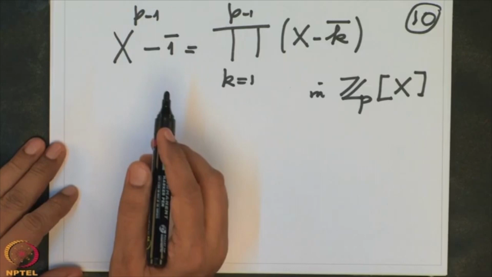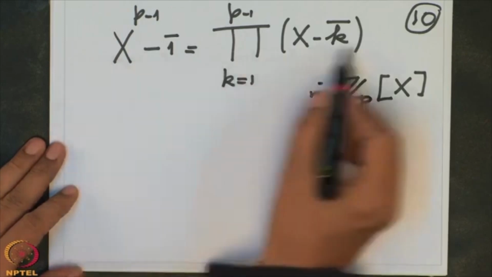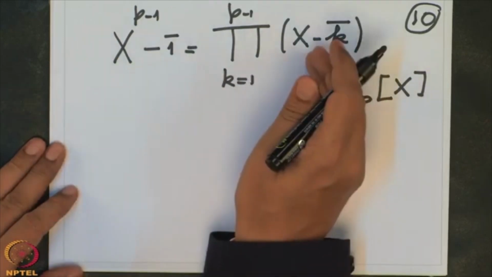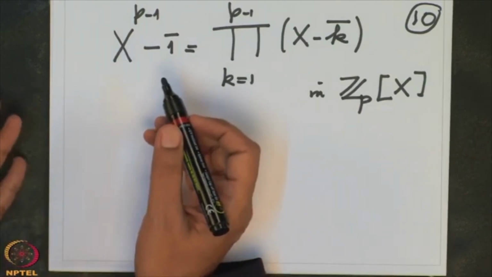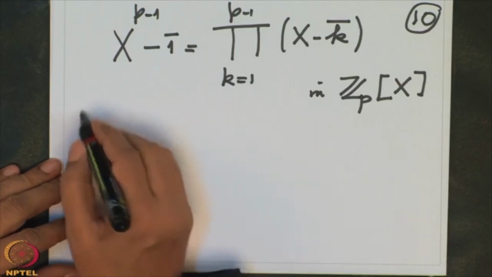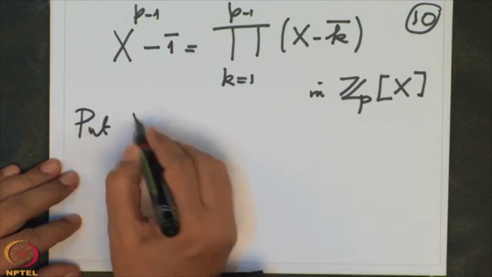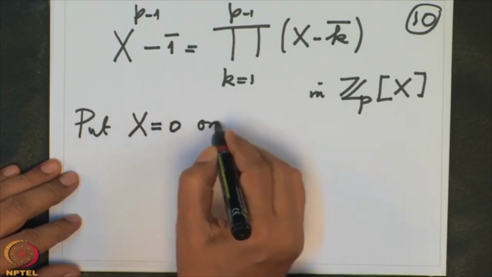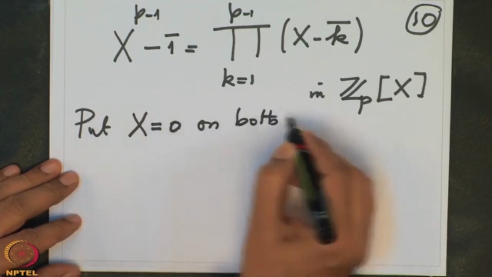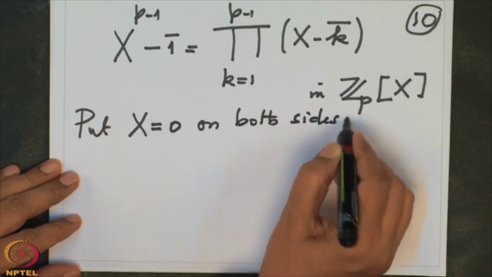In this equation, this side is a polynomial and this side is a polynomial, so I can put x equal to whatever value I like. So put x equal to 0 on both sides. And what do we get?